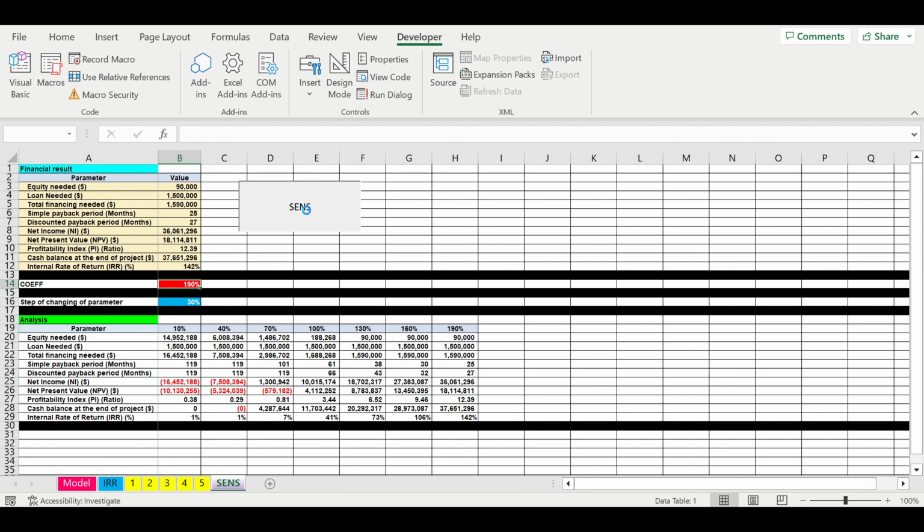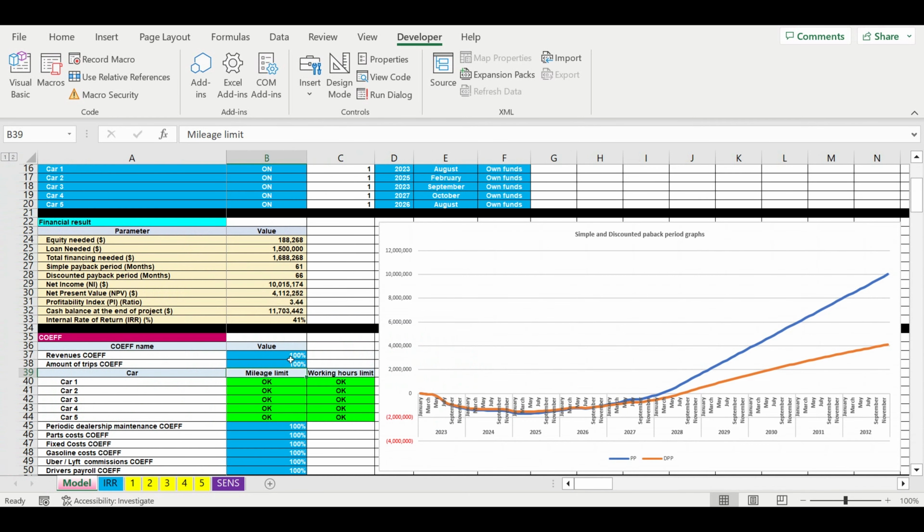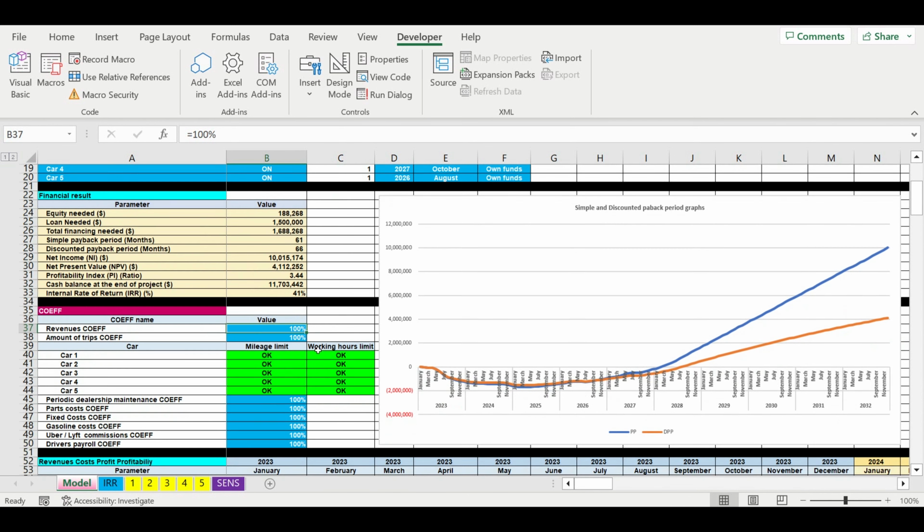Or what we can do, we can detach this coefficient from the global dashboard.